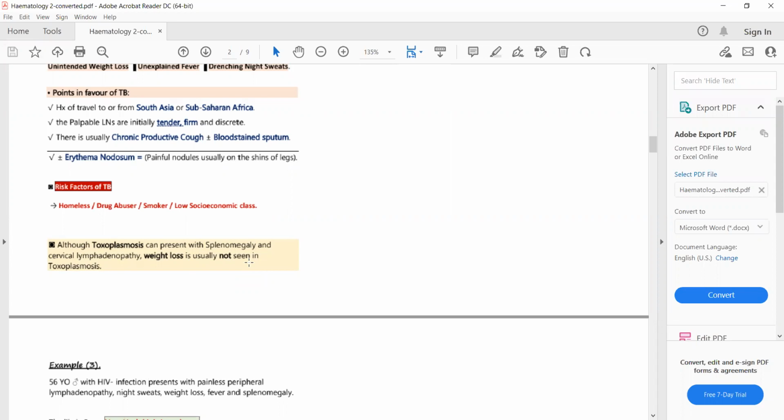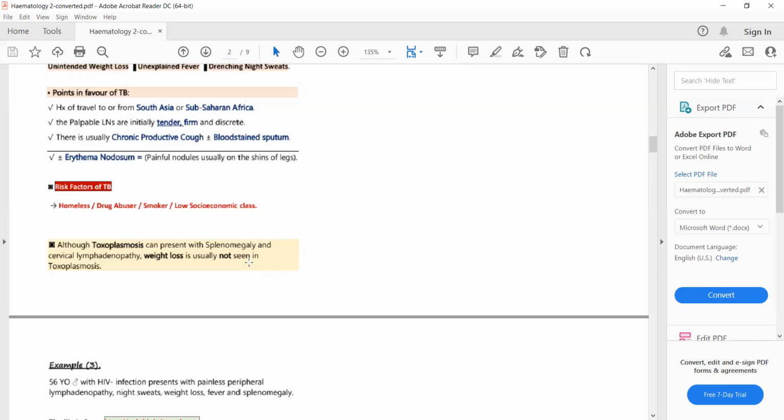Yes, the lymph nodes are painless, and also there is no history of cough or hemoptysis. Though extrapulmonary TB can present without cough and fever, you can see that the lymphadenopathy is painless.